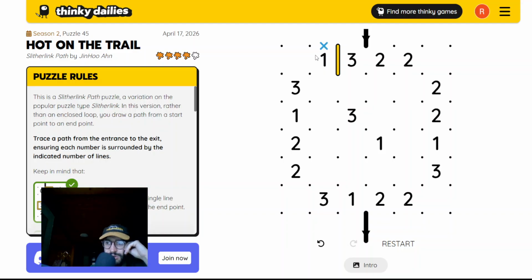And then this one is off, this one is off, this one is off. That means that we just cannot arrive there, and we cannot arrive there. Cool. Another thing that we know is that we cannot go down here, because there is just no way that we can go down there. So let's block that one.